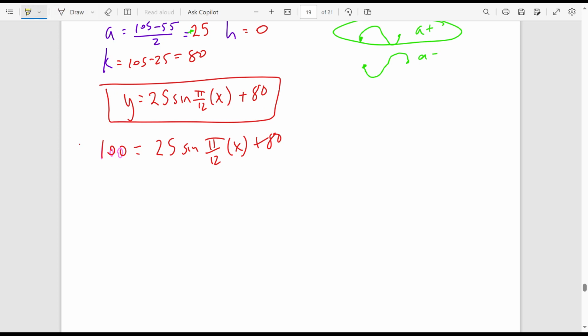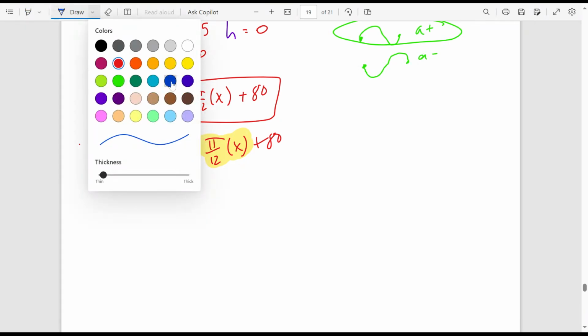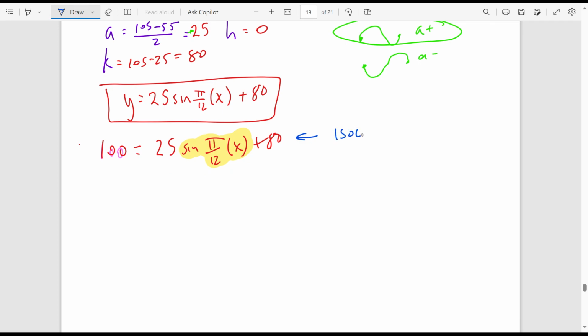This guy, what's more important is that we isolate, and we're always trying to isolate for sine bx minus h. So I'll write that down: our goal is to isolate for sine bx minus h when solving for x.